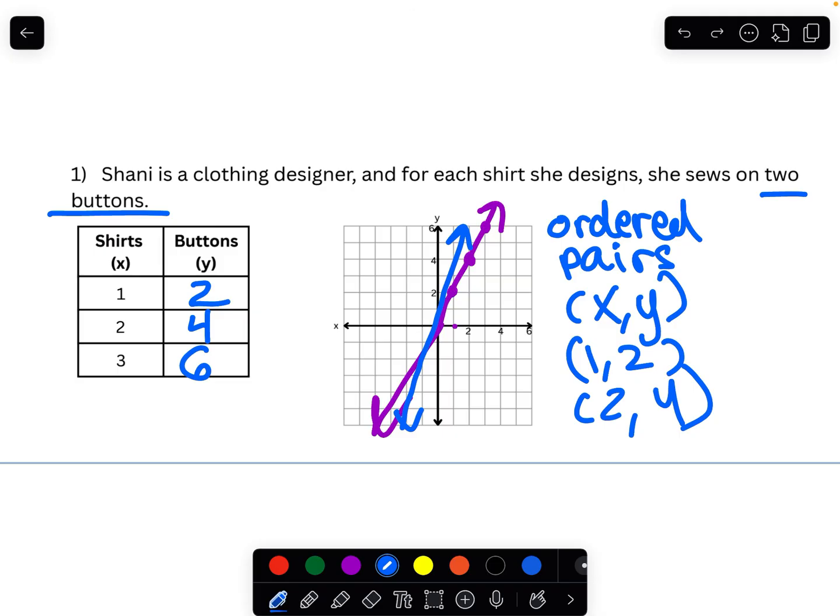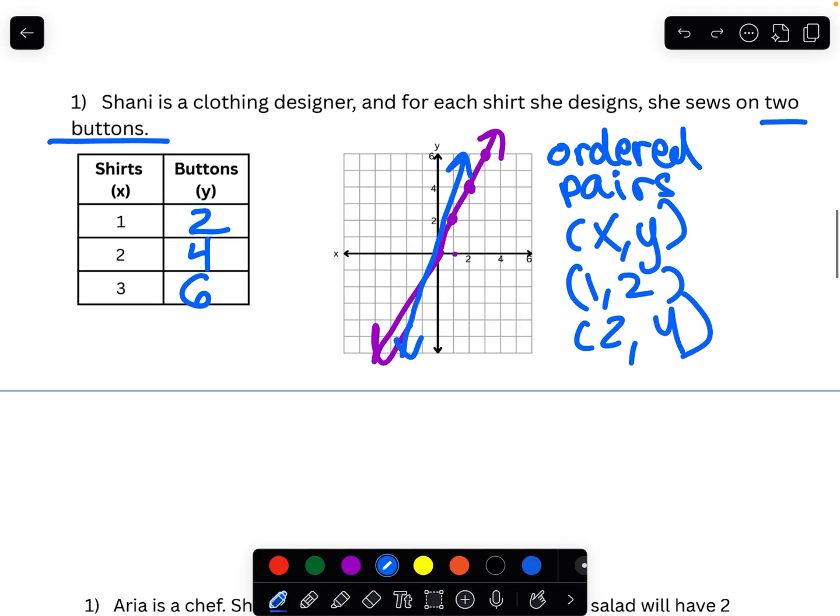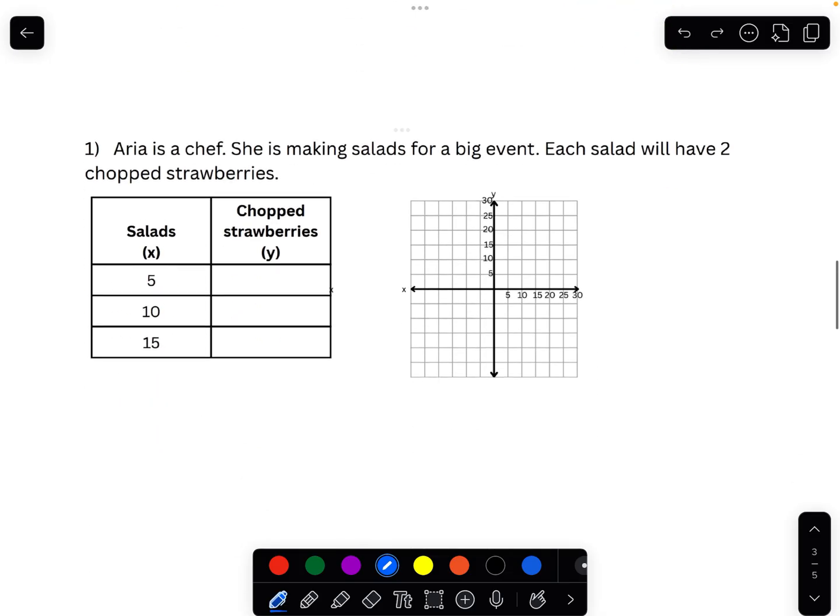And so you can actually have algorithms that show what happens at different rates of change. And I don't want to confuse you too much about it, but that's one of the ways that plotting the line on the coordinate plane is helpful. And again, don't want to confuse you too much. Let's move on to the next question.